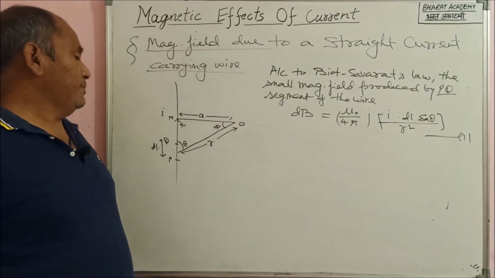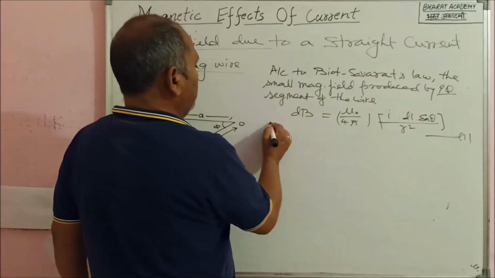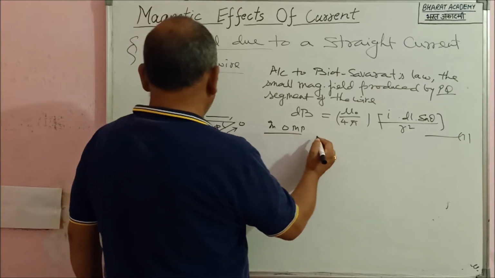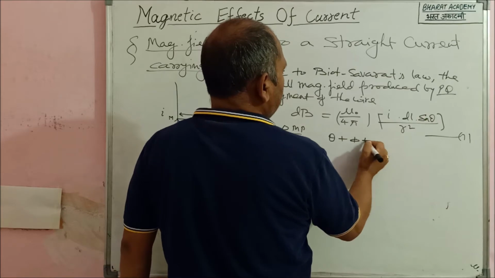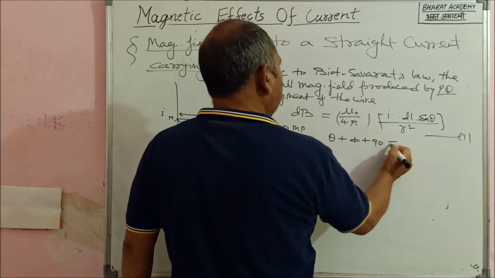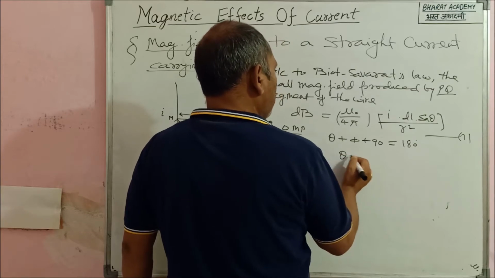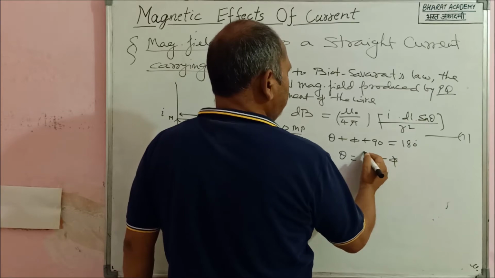Now we will do some improvisation. Here some geometry will be used in triangle OMP, right? Theta plus phi plus 90 equal to 180 degrees. So theta will become 90 minus phi.